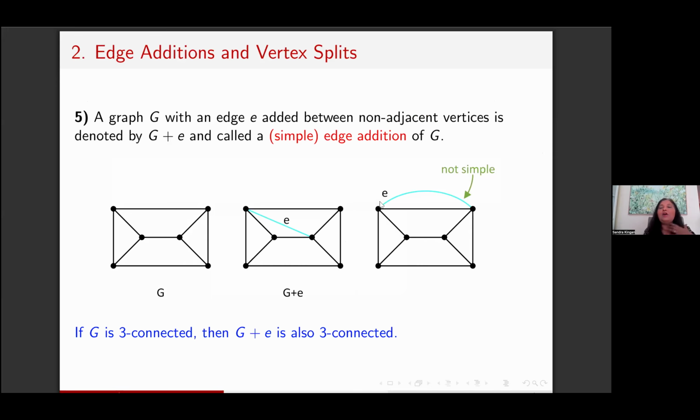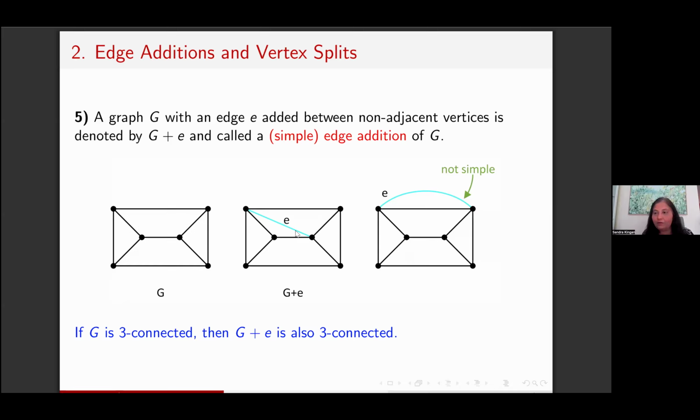All right, let's talk about edge additions and vertex splits. So take a graph G with an edge e added between non-adjacent vertices, and we'll denote it as G plus e. This seems like a reasonable terminology; I've seen it in other places. So you have G over here, the prism, and you add an edge like that between existing vertices.